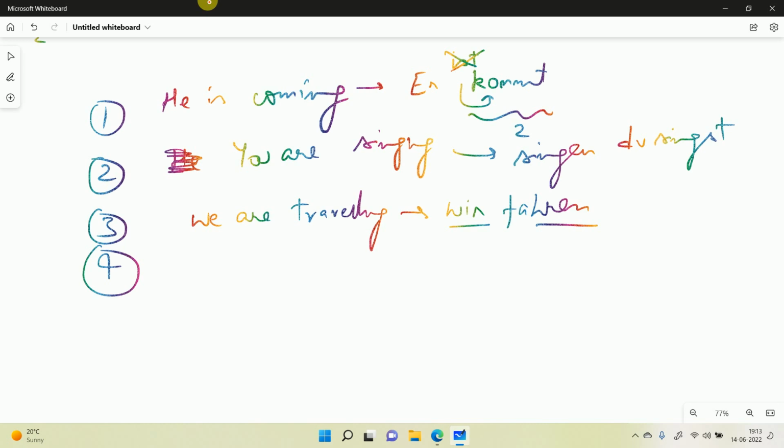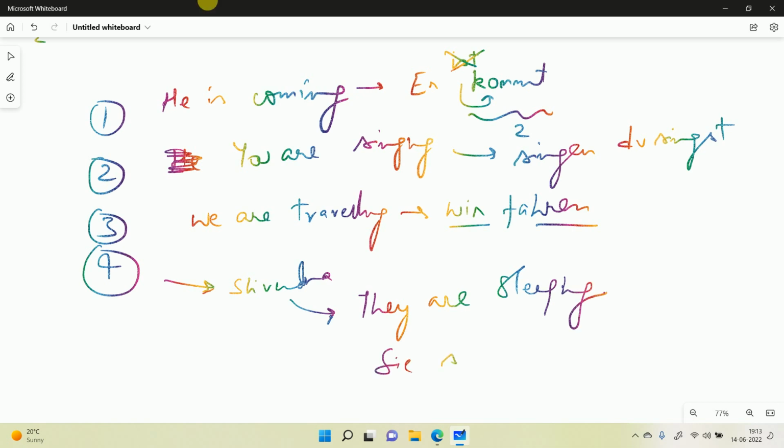Then I would ask Shivendra to give it a try. They are, let's say, sleeping. Sie schlafen. Yeah, perfect. 100% perfect. And then I would request Karthik to give it a try.